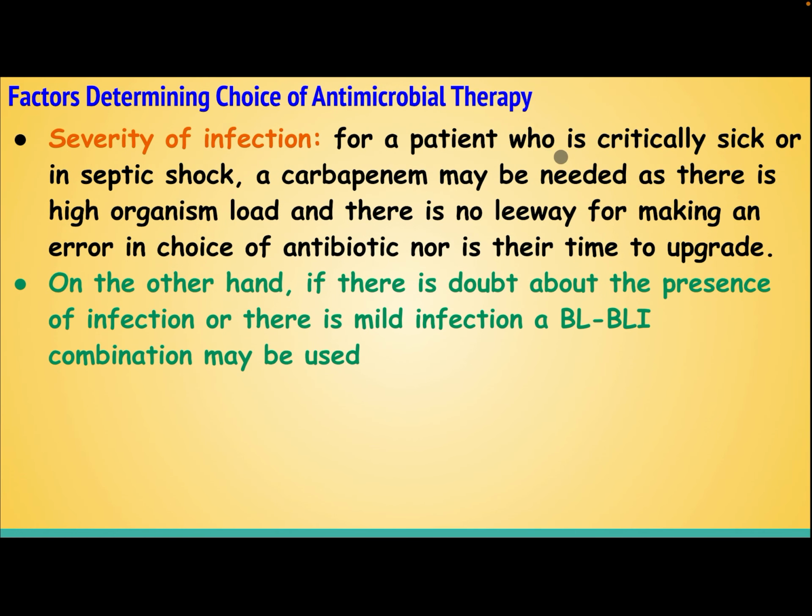For a patient who is critically sick or in septic shock, carbapenem may be needed as there is high organism load and there is no leeway for making an error in choice of antibiotic, nor is there time to upgrade. On the other hand, if there is doubt about the presence of infection or there is mild infection, beta-lactam beta-lactamase inhibitor combination may be used.